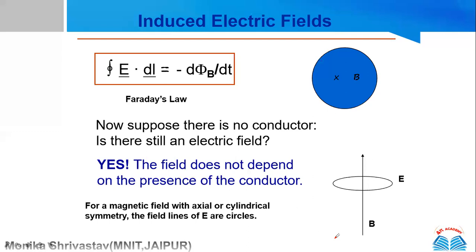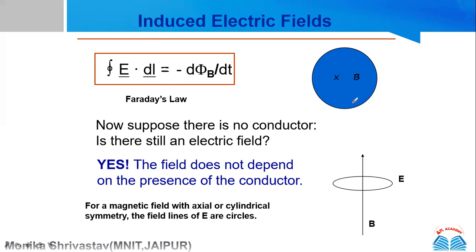Okay, so we will talk about induced electric fields, obviously because we are reading Faraday's law and Lenz's law. So we know that the closed integral E dot dl, or line integral of E, will be equal to minus d phi B over dt, which is Faraday's law. Now suppose there is no conductor here, nothing.